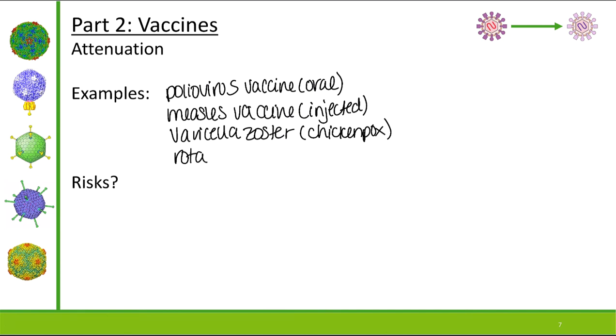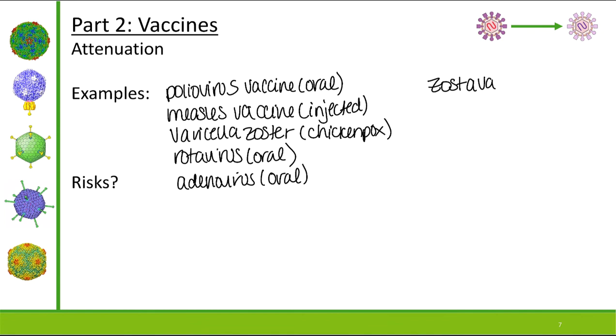Other ones that we just mentioned are rotavirus, which is oral, and adenovirus, which is given orally to military recruits and is an example of an attenuated vaccine. There's also a newer vaccine called Zostavax, against varicella zoster or shingles.